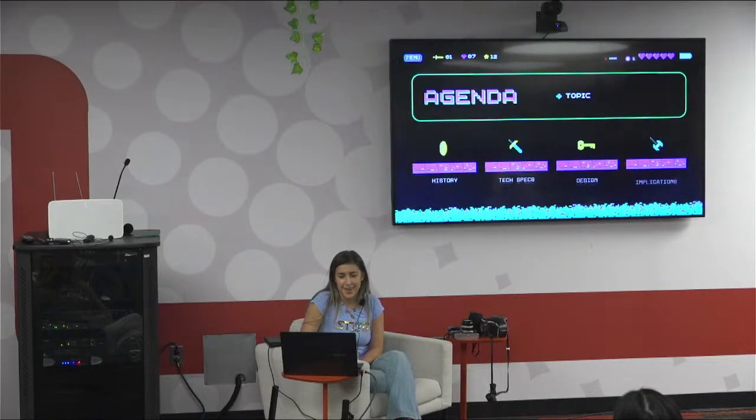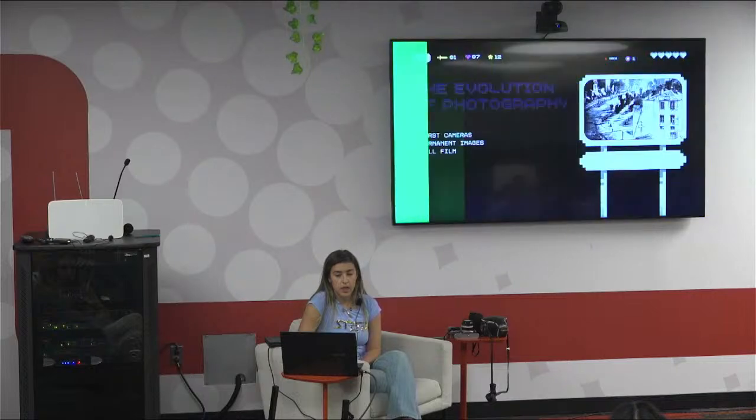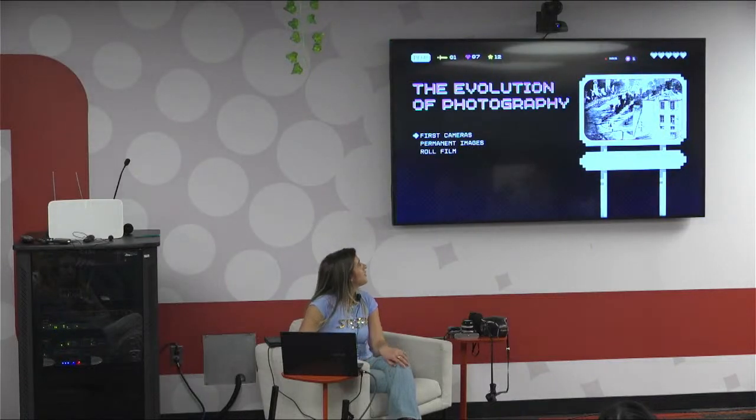So our agenda is first the history of different types of cameras and film, and then some technical specs of different cameras, how that works, as well as different parts of darkroom and film development, and then good practices for design when shooting, and then how that affects our life day to day now. So firstly, the evolution of photography.